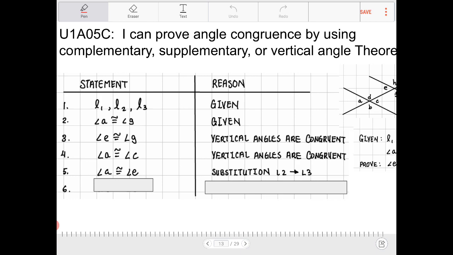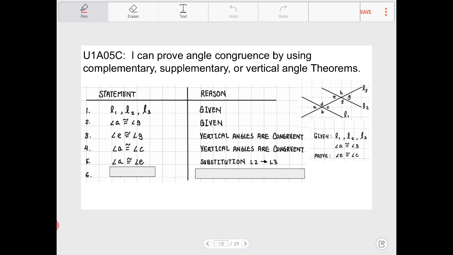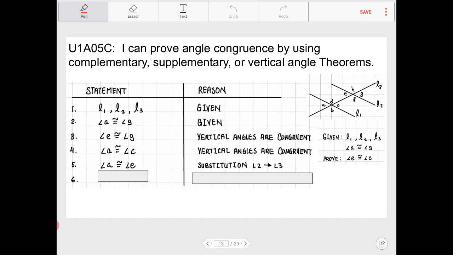And lastly, remember, our goal is to show that A is congruent to C. I can then, therefore, say, since A is congruent to C, I can replace that, so I can say E is therefore congruent to C. Actually, if you think about this, I mixed up the order.